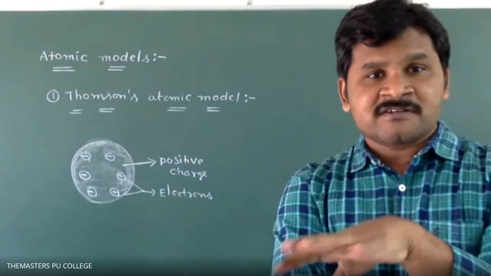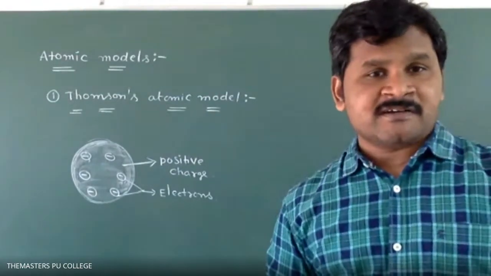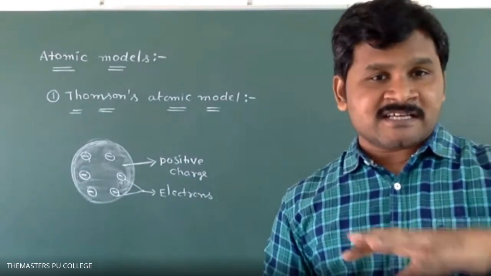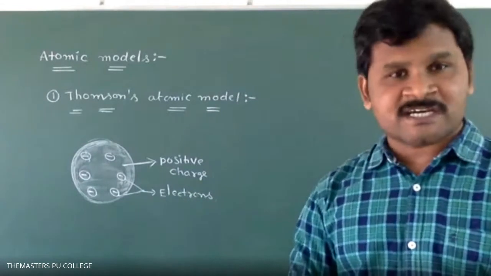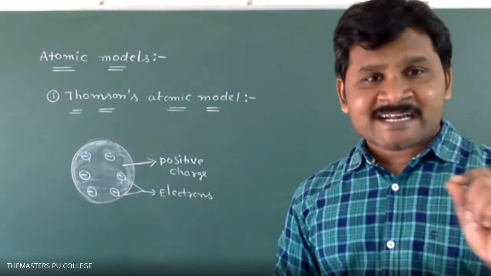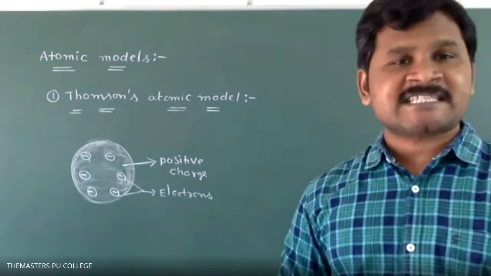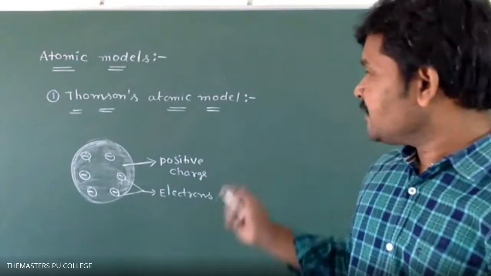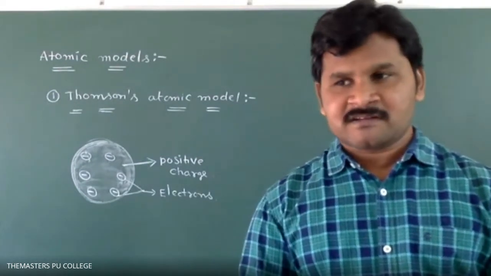Inside the fruit, the red part is distributed throughout the fruit. According to this, the red portion of the fruit is equal to positive charge, and in that red portion, electrons are embedded. So he compared electrons with the seeds of the fruit. That's why it is also known as a watermelon model or plum pudding model.